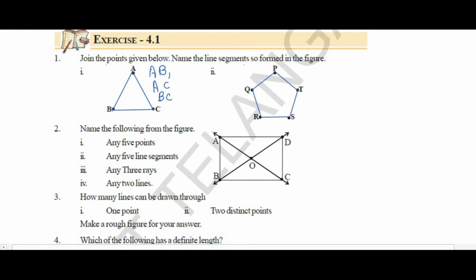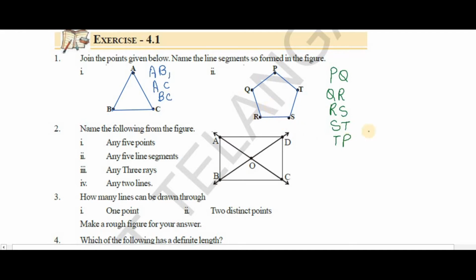So you got one shape here, and now we are going to write the line segments for this. PQ is one line segment, QR is one line segment, RS is one line segment, ST is one line segment, and TP or PT, whatever it is you can write.